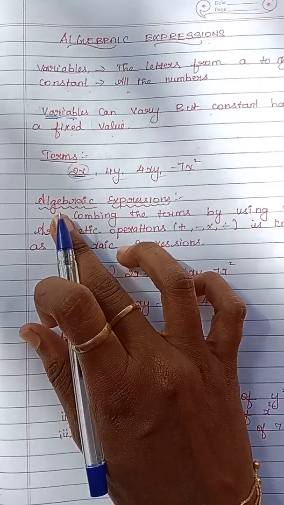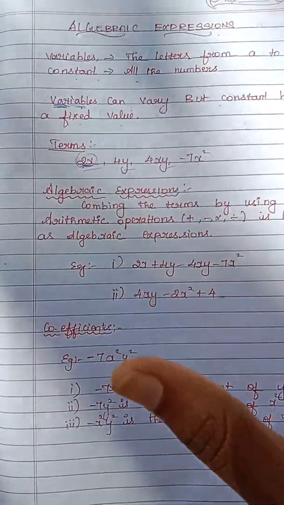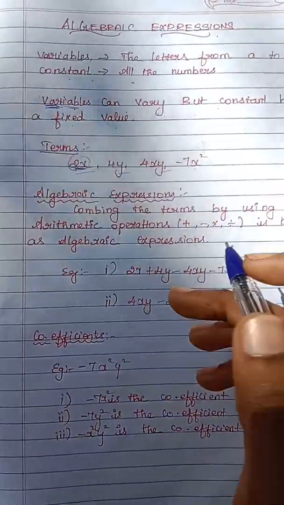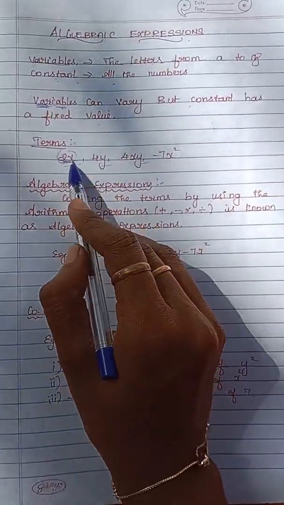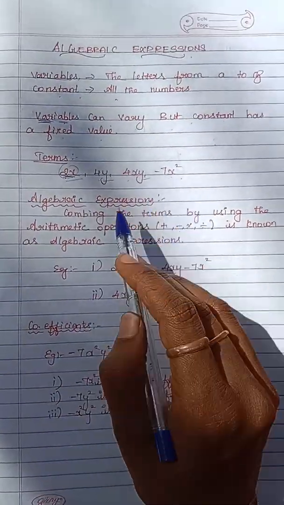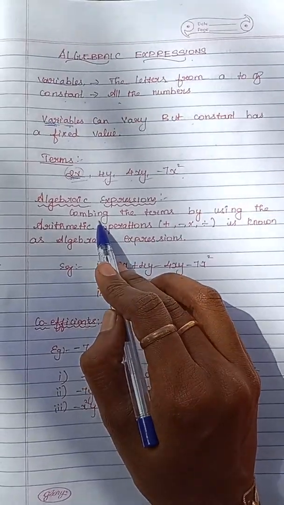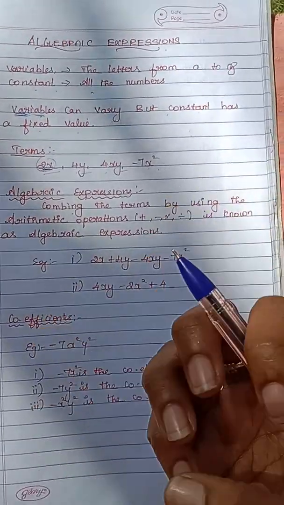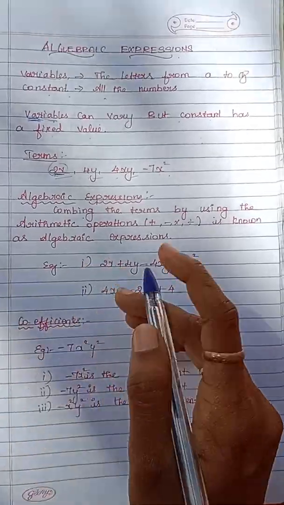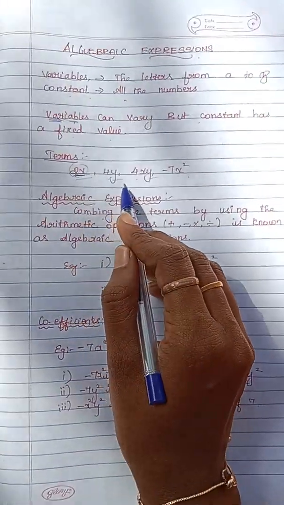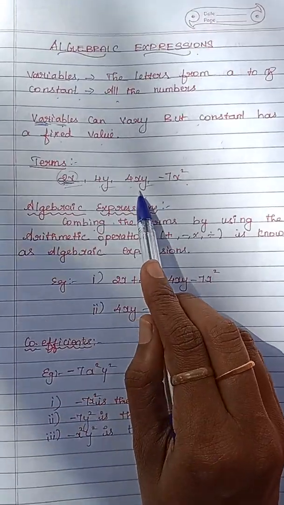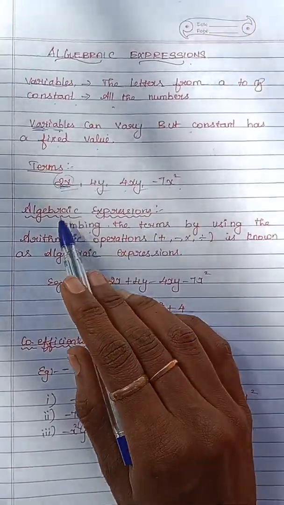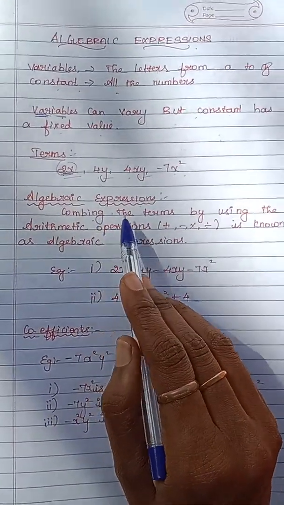Next, what is an algebraic expression? Already you know what terms are. We are going to combine the terms, like 2x, 4y, 4xy. These are all terms.